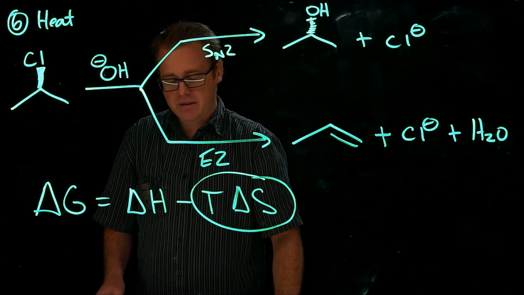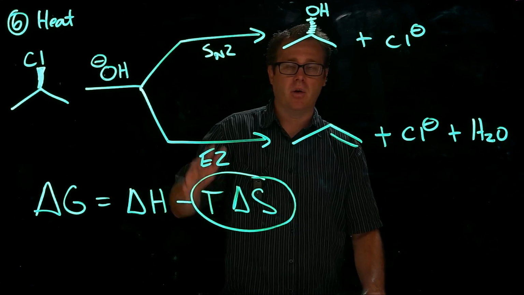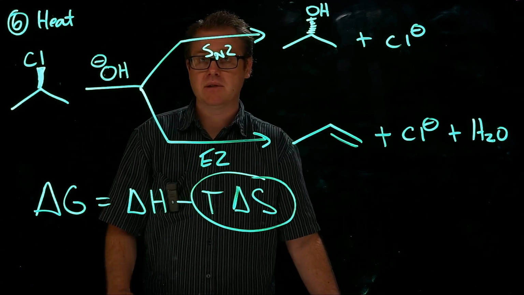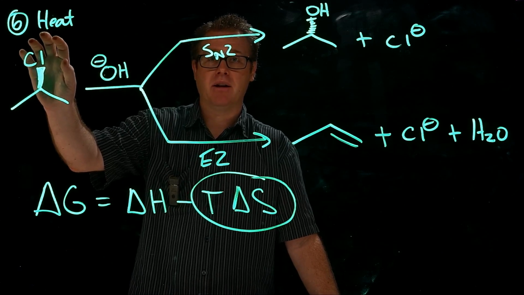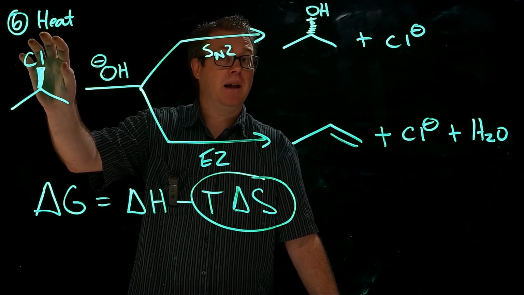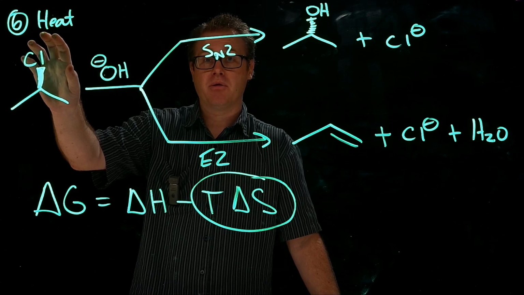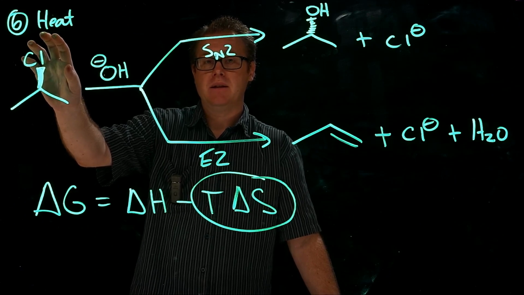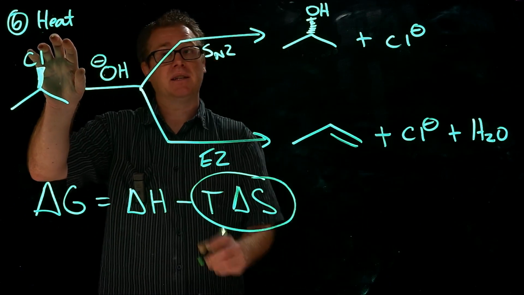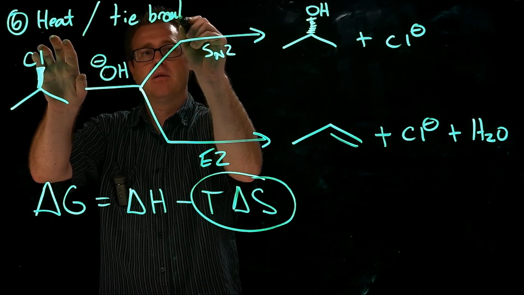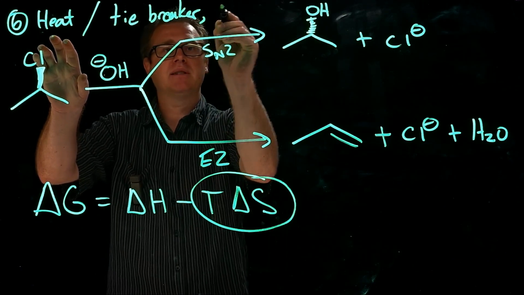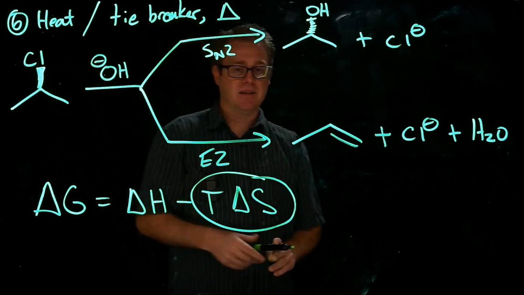Okay, so you have to understand here that when we're going to go through all these principles, we use heat as a tiebreaker. And I'm going to show you what I mean by that when we go through a problem. Okay, so just remember, heat is used as a tiebreaker. Okay, and we represent heat with the delta symbol.